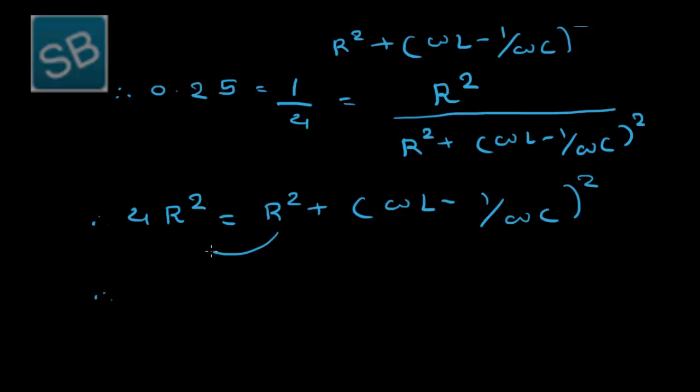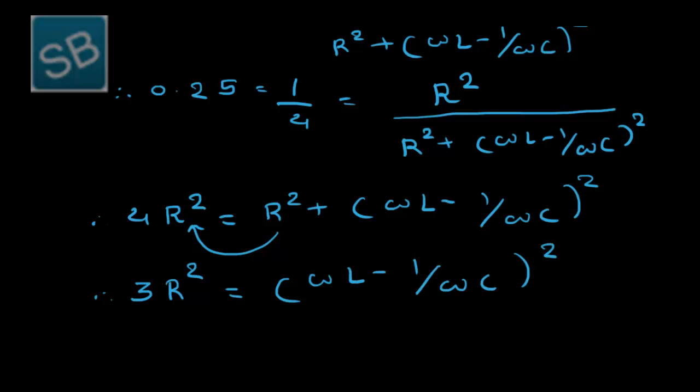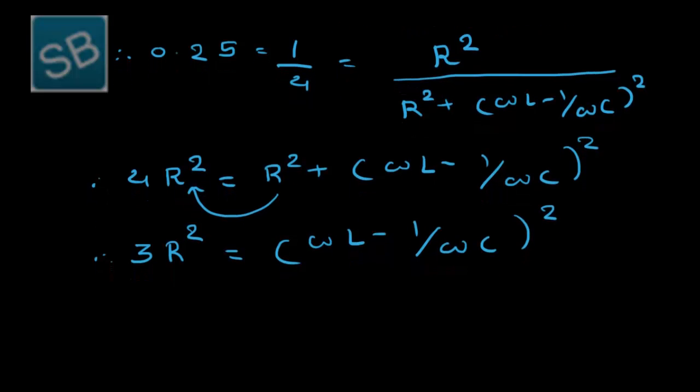Therefore, taking r square to the left hand side, 4r square minus r square is equal to 3r square, and the right hand side is as it is. Now taking square root on both sides, under root 3 r is equal to omega L minus 1 over omega C.